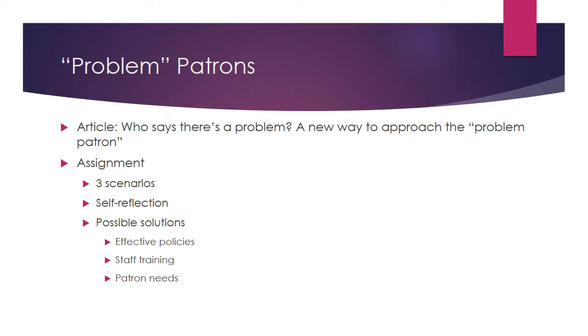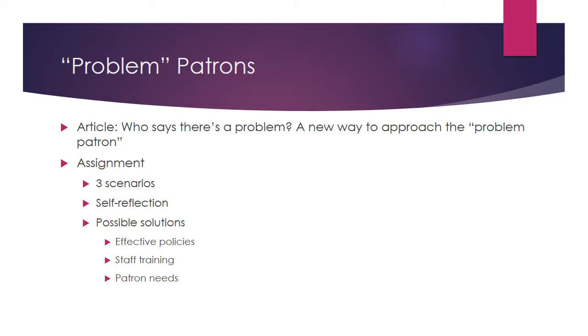And then there's some really interesting things to think about as far as self-reflection and the different levels that problems can be on, like on the community level or on the library organizational level, and also on the individual patrons, staff member interaction level.